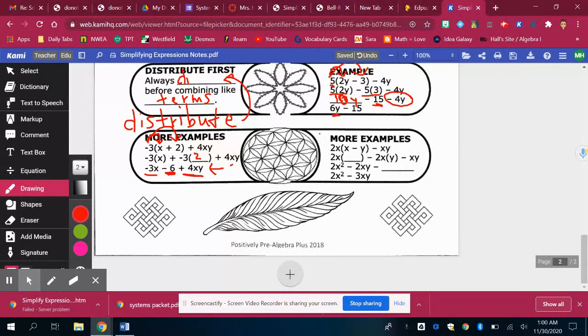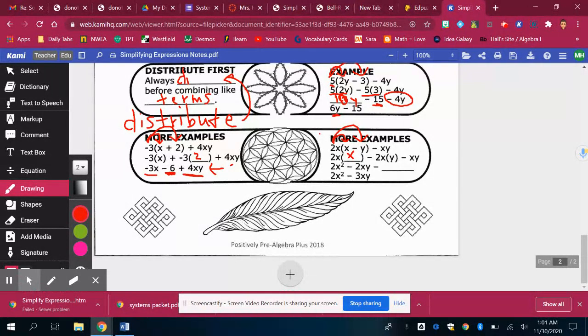Over here, our last example, we're going to distribute 2x times x. And we're going to distribute 2x times y. And then, of course, we have this minus xy, which we're not going to distribute that 2x to, because that minus xy is outside the parentheses.